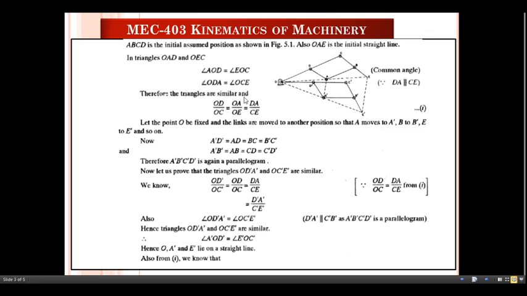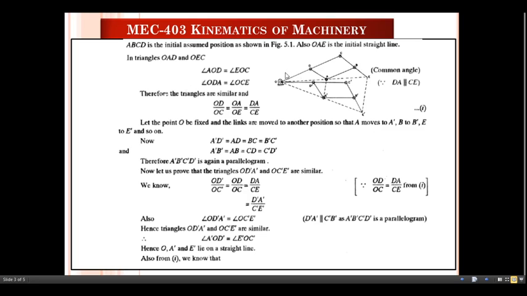Therefore the triangles are similar and we can write: OD divided by OC equals OA divided by OE equals DA divided by CE.